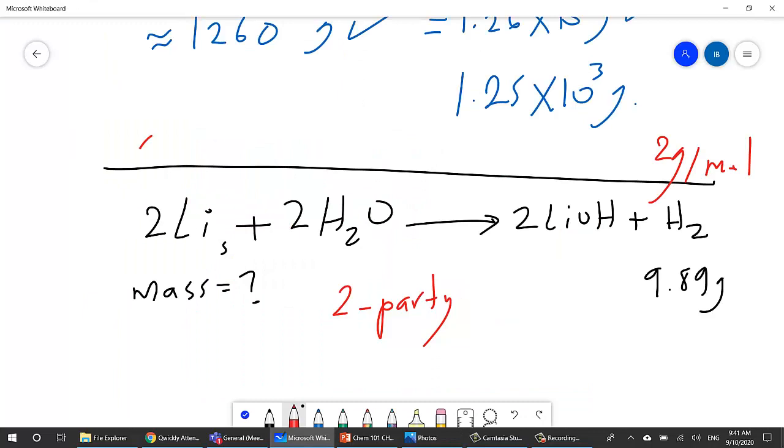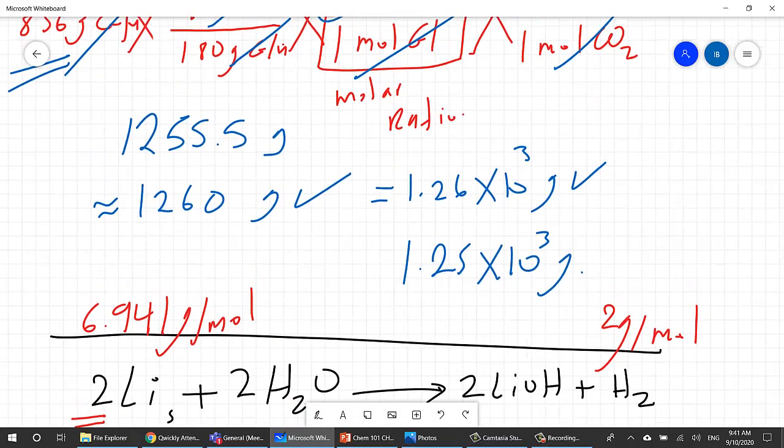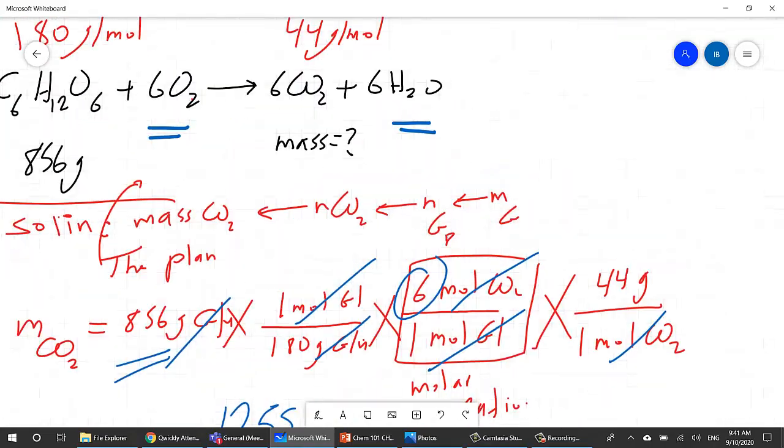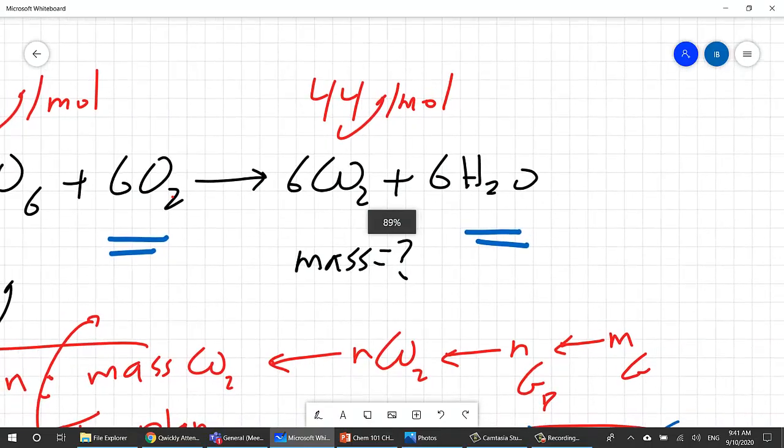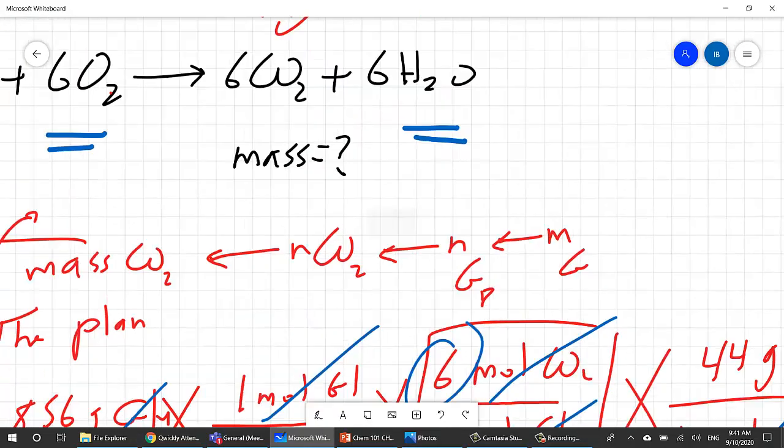So here, 6.941. Let's now use the correct one to get the answer right. This 2, you don't worry about it for now. It's going to come up in the unit analysis. You see here in the previous question, when I said CO2, I calculated the molar mass to be 44. I didn't worry about the 6, but the 6 came up in the answer.